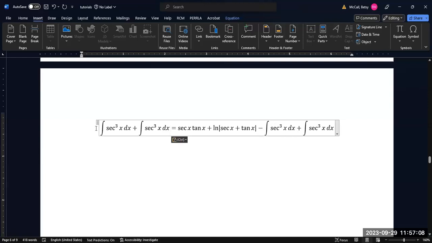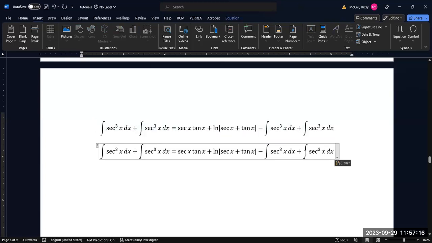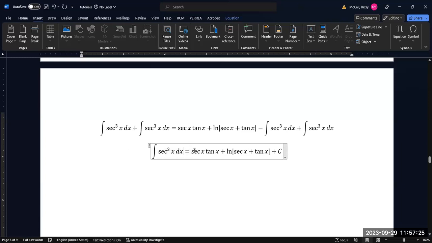On this side of the equation, this integral is going to cancel: minus, plus, they go away. And on this side of the equation, they can be added together to produce 2 of the same integral.